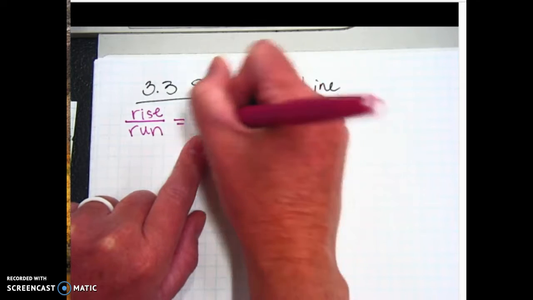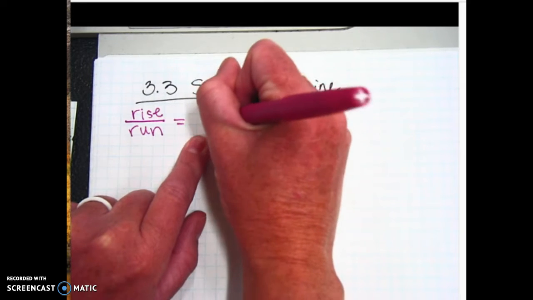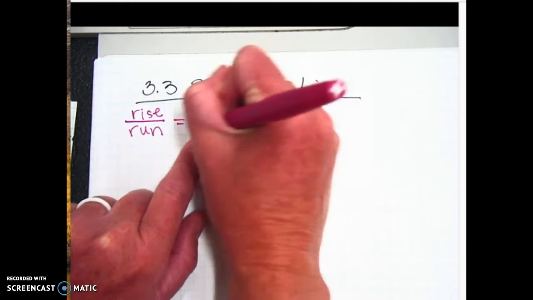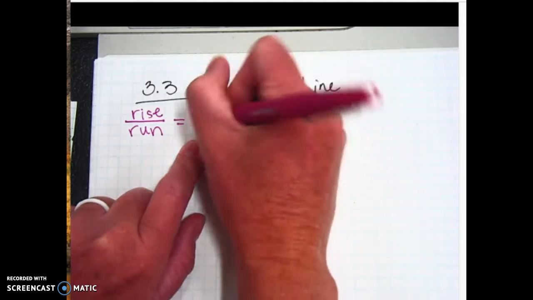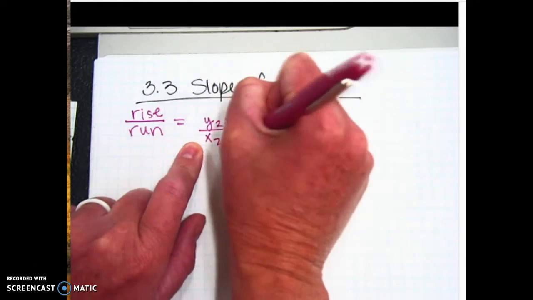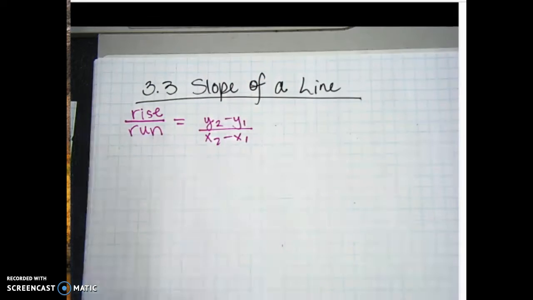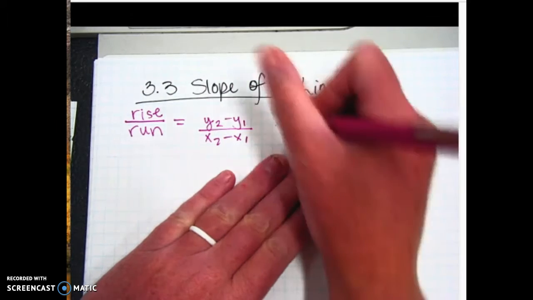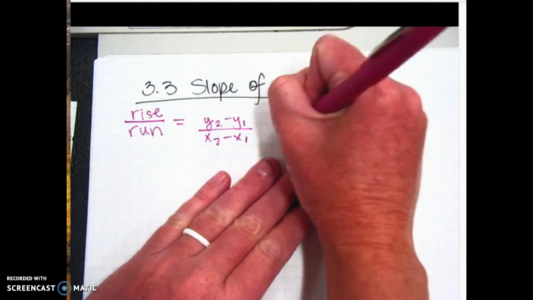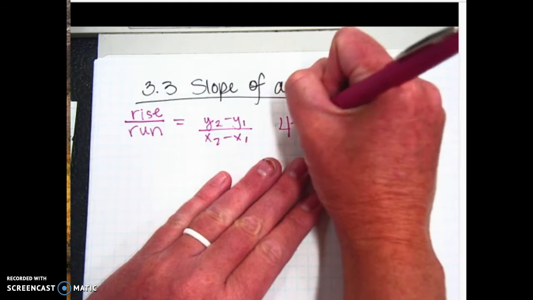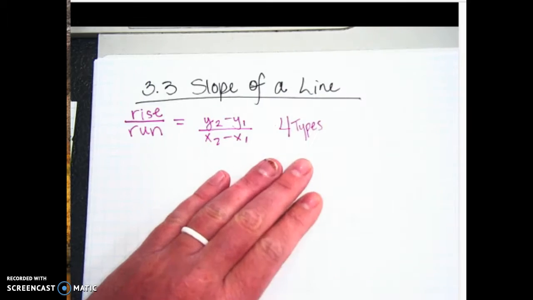If you have 2 points, you take those 2 points, you plug them in, and there's a formula. It's y2 minus y1 over x2 minus x1. And then when you go to graph your lines, you're going to see 4 different types of lines. Okay?